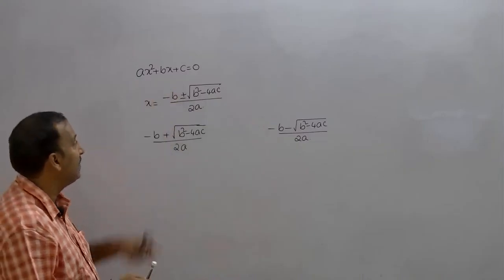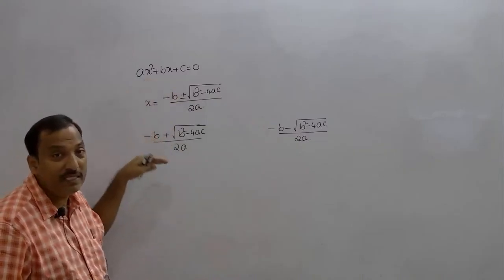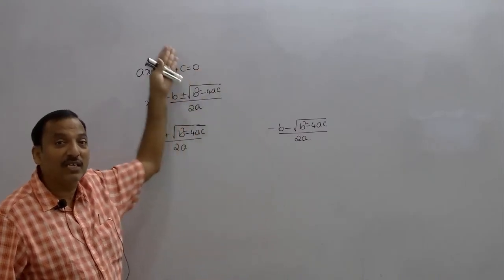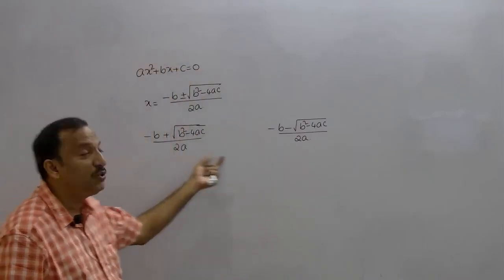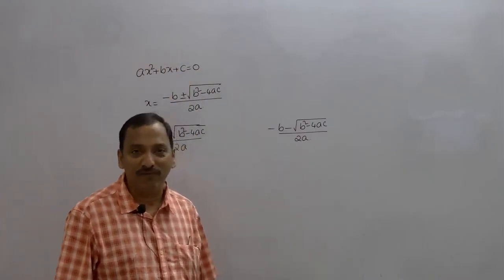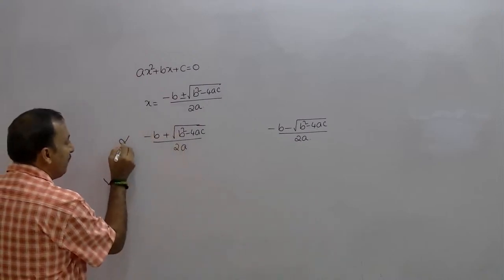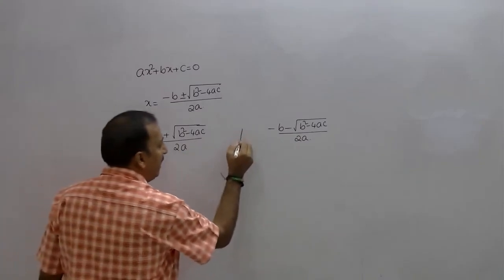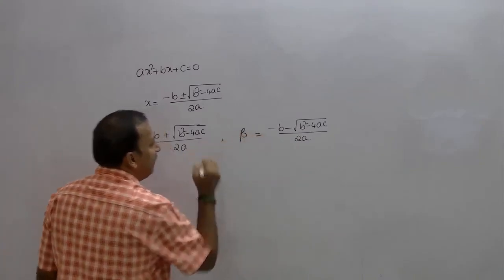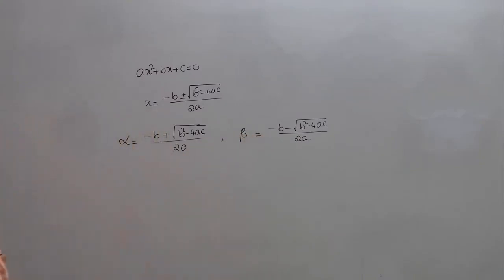From this equation we got these values, means these values of x satisfy this equation, and these two are called roots of the equation. Suppose we treat them as alpha and beta, so the roots of the equation ax square plus bx plus c is equal to 0 are alpha and beta.